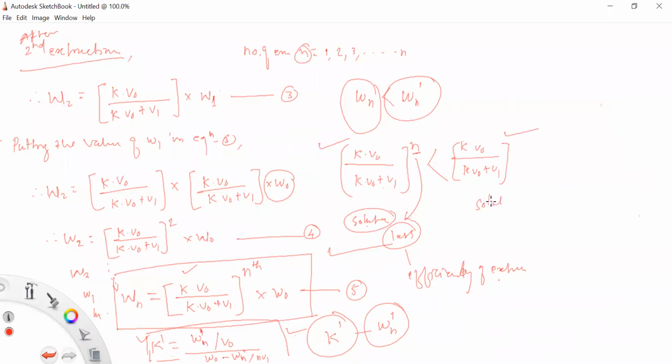The solute present in this after the first extraction is greater, and therefore we can say that this Wn is less than Wn dash, or we can say that K into V0 upon K into V0 plus V1 raised to power n is always less than K into V0 upon K into V0 plus V1. So this is the quantity left behind. So this Wn is less than Wn dash. This indicates that the quantity left behind after the number of extractions is less than that extracted in a first step.